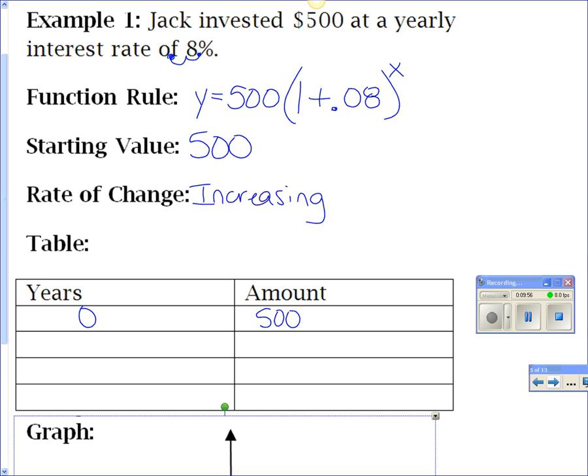All right, and then you go to second graph, so you can look at your table. I'm going to go back down to 0, 500.